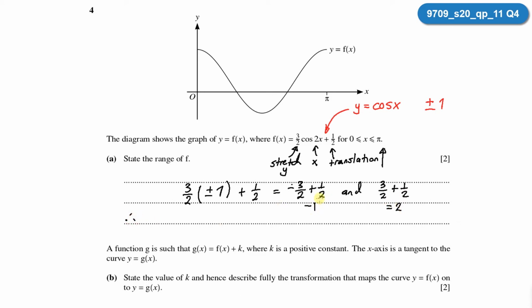And therefore, these two values will become the range of the function f of x. So it will be from minus 1 to 2. So this here is our answer. This is the range of the function.